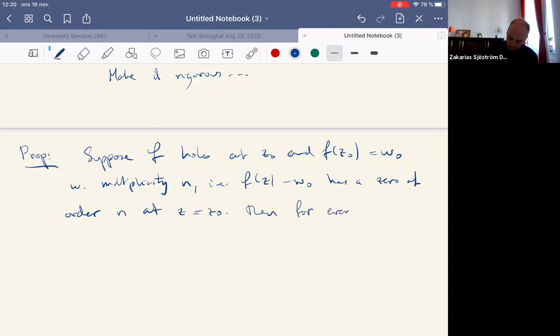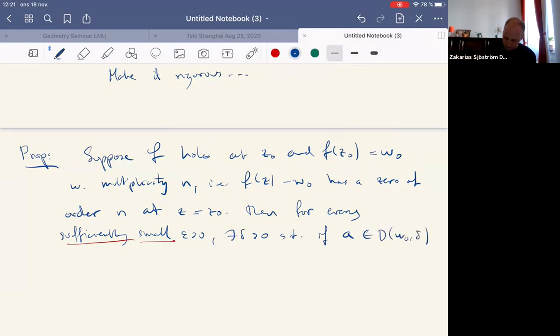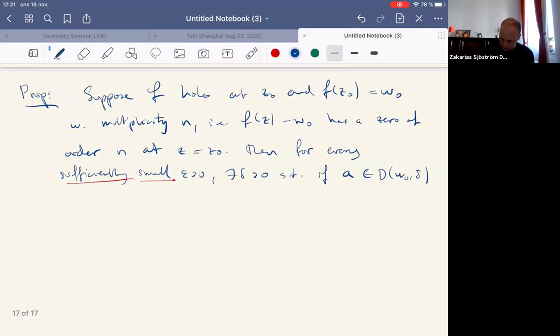So for every sufficiently small epsilon, and this is a very important part of this statement, so this I have to underline, for every sufficiently small epsilon, there exists a delta such that if a is in some small disk, so we have these two disks, right?